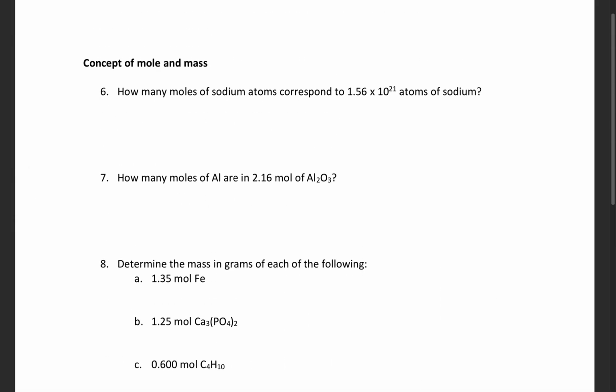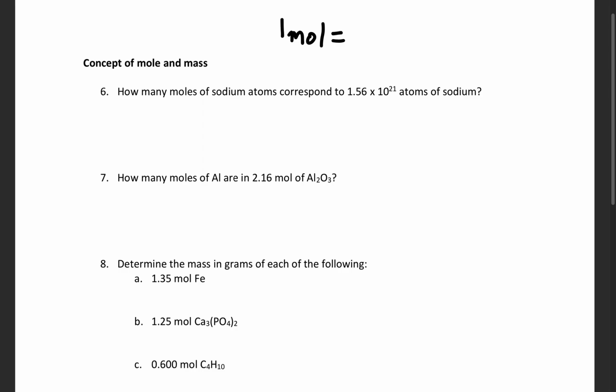So here, remember that one mole, sometimes you hear people say a mole is a number. Well, 2.16 is a number. A mole is a quantity, just like a dozen, just like a carton, just like a pack.